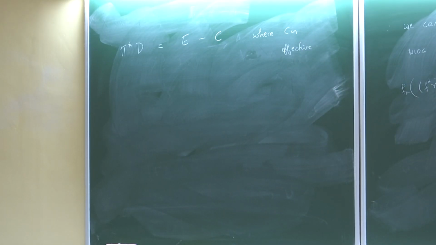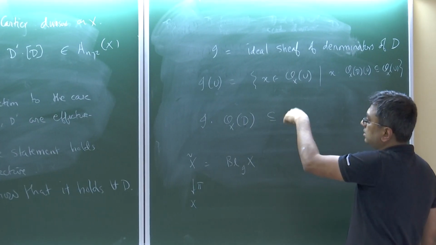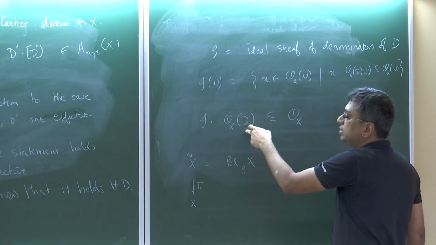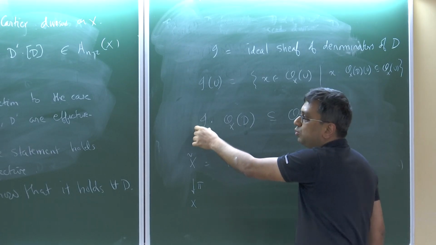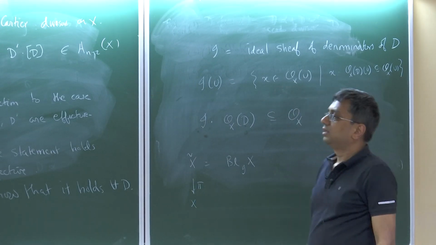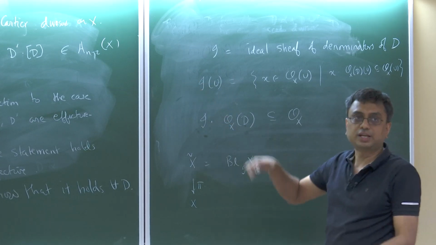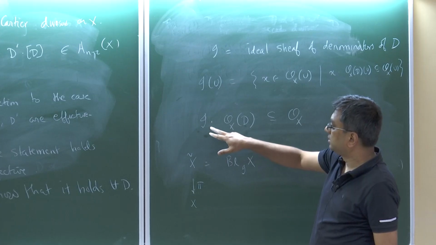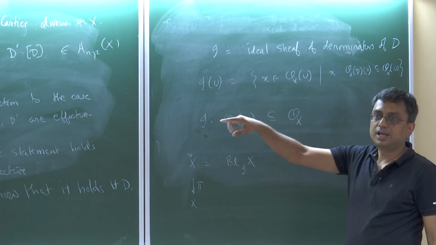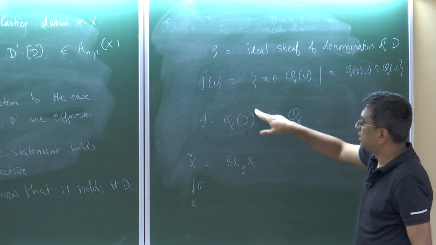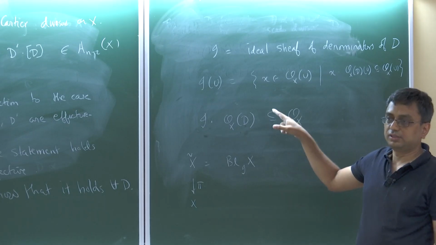So because pi inverse of I times the O_X of the pullback of D is an ideal sheaf, both these are locally principal. First take the Cartier divisor. So the Cartier divisor associated to I is minus E. Okay, so the Cartier divisor associated to this is D, and whatever the Cartier divisor associated to this is, that is minus effective divisor.